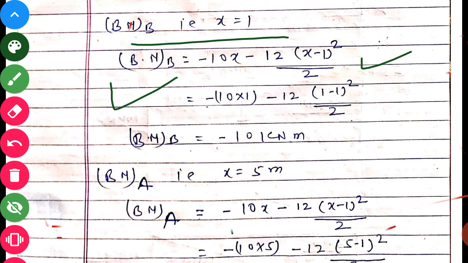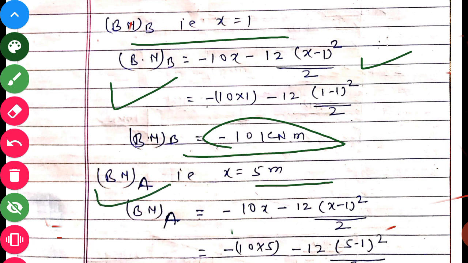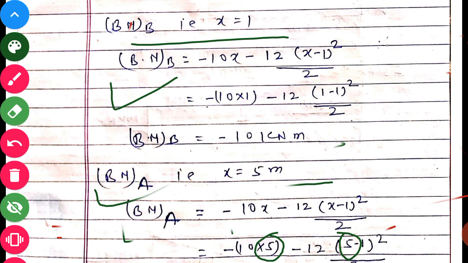You can calculate the bending moment at B is equal to -10 kilonewton meter. Similarly for the bending moment at x = 5, you put the value of x = 5 in the bending moment at section XX, -10x - 12(x-1)². After that you can calculate the bending moment at A. Now it is very easy to calculate.